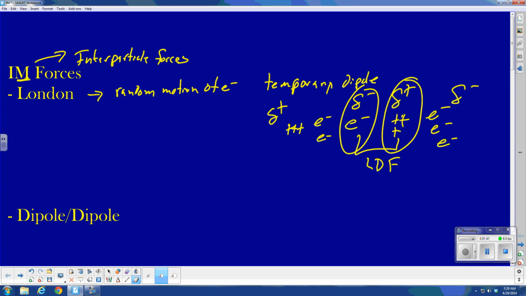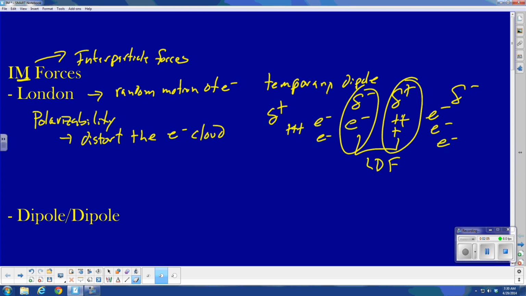The strength of London forces depends on 2 things. Number one, polarizability. Good. What is polarizability? It is the ability to distort, from an electron standpoint, well, we'll just call it distort the electron cloud.